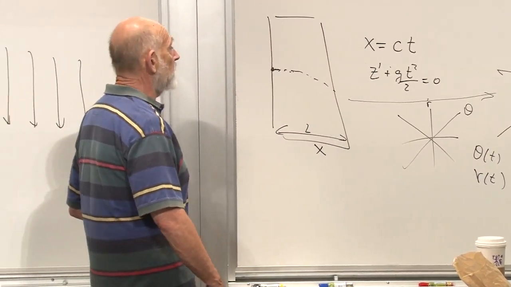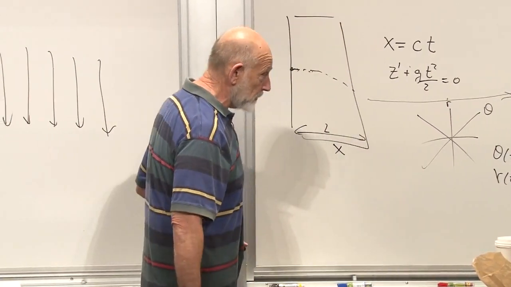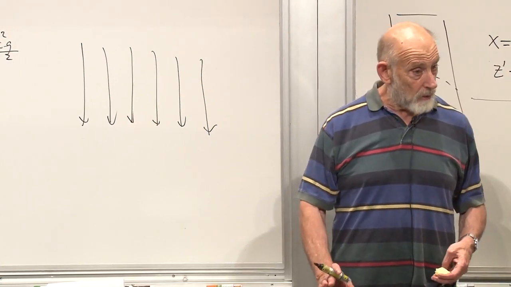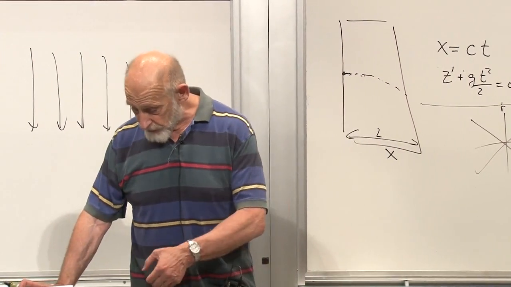So it follows that by a coordinate transformation, you can get rid of these fictitious forces. The question is, if I just give you a gravitational field, how do I know if I can get rid of them? Well, the answer is calculate things like tidal forces.